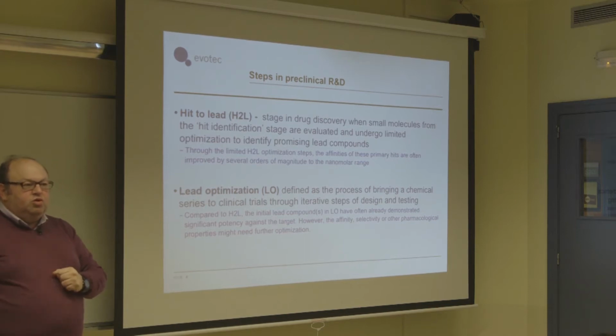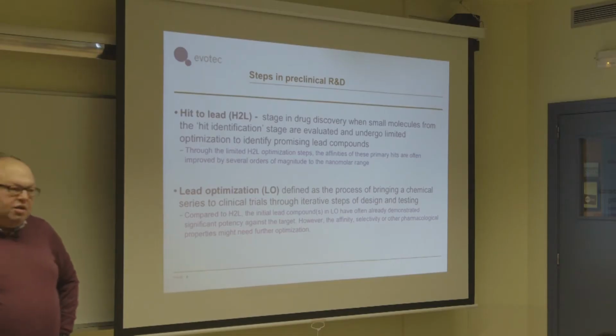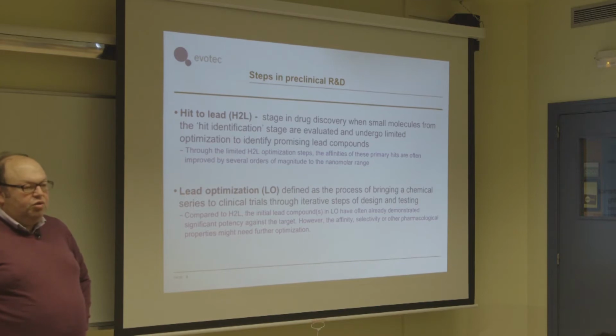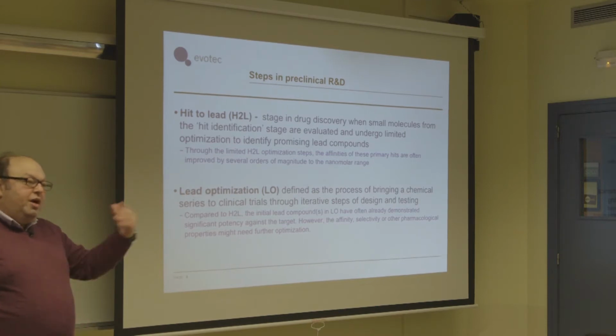We also need other properties, like fitting well in our pocket, for instance, and other pharmacological and metabolic properties. And at this stage we also check the selectivity, that it's not also binding to other proteins, which might cause not only the wanted effect, but also an unwanted effect, which is a side effect.